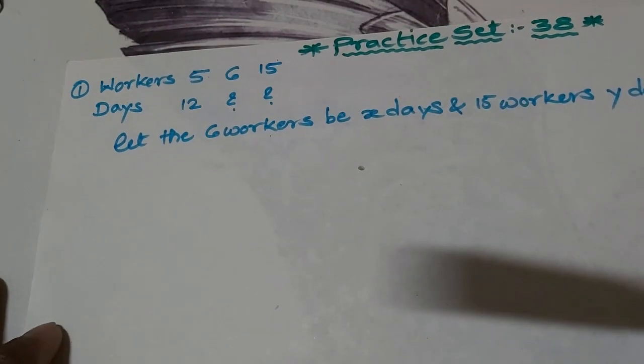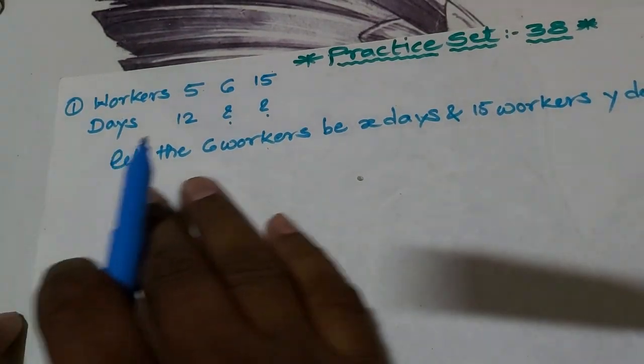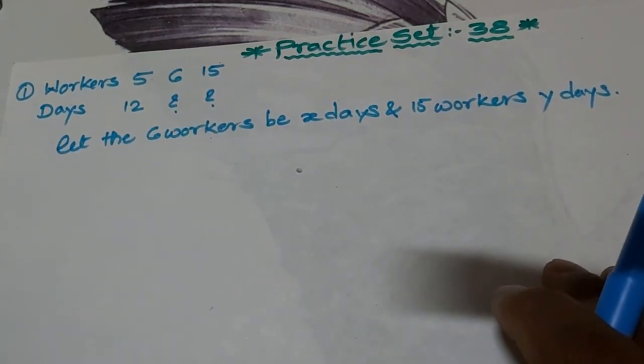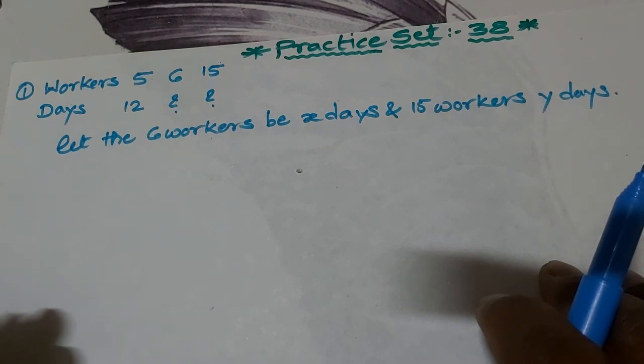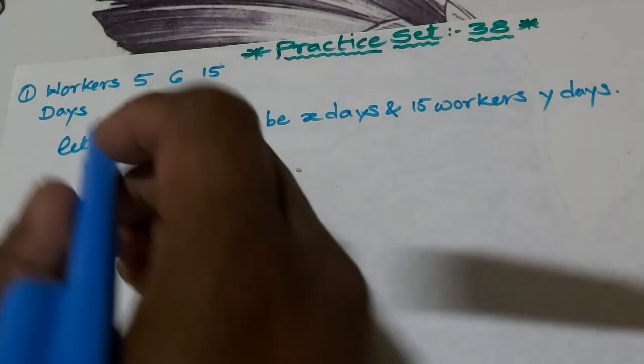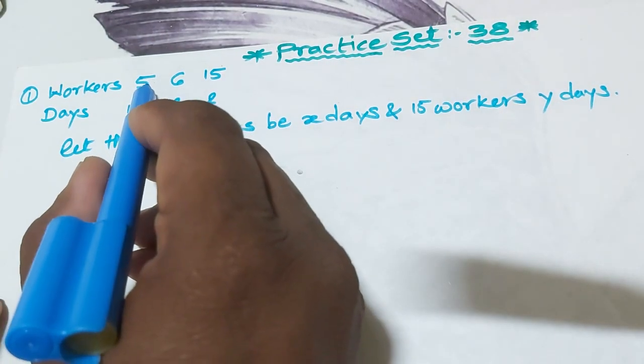Next, as I told you in our online class, we have to write the sentence that this is an example of inverse proportion. See here: workers and days.